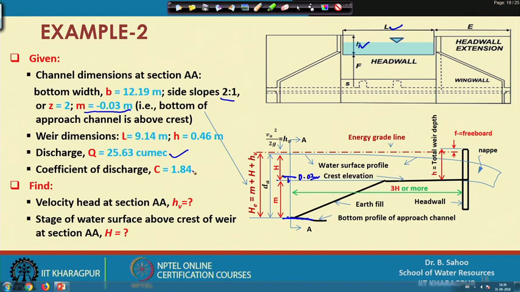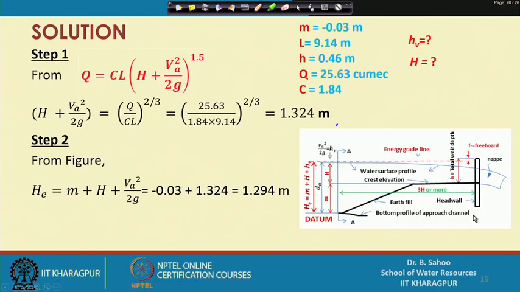You have to find the velocity head h_v at this section AA. So, what is the value of the velocity head, and the stage of water surface above crest of weir at section AA, that is capital H. Now, for the solution you can use the weir formula, that is Q equal to C L (H plus v square divided by 2g) whole to the power 3 by 2.